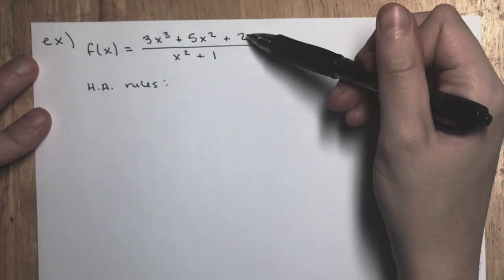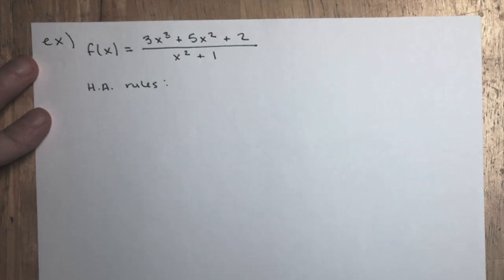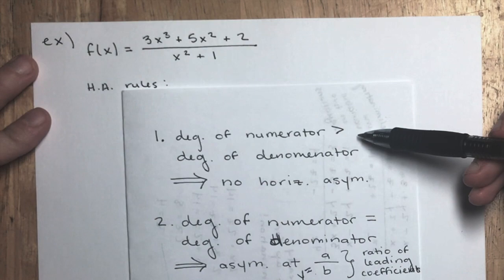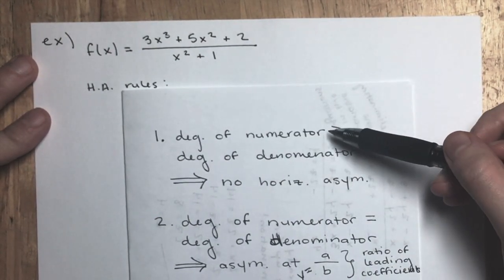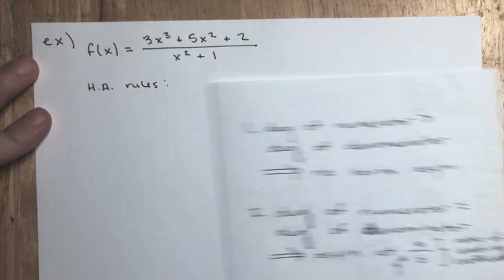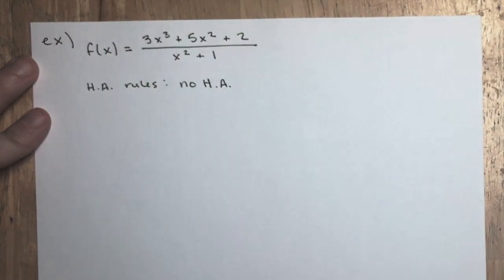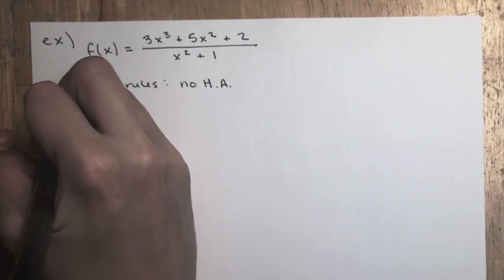Well, we have a degree of 3 on top and a degree of 2 on the bottom, right? So our rules say, because the degree of our numerator is larger, that we have no horizontal asymptote. So that's strange, and we don't really know how that ties into our fact. So let's check it out. Let's see what happens when I do the division.